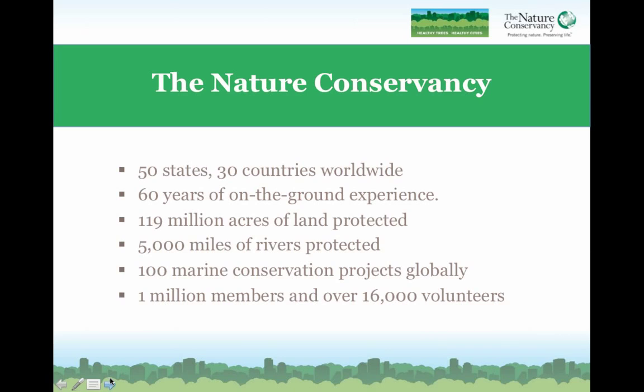And through our science-based management efforts, we've managed to protect over 119 million acres of land, 5,000 miles of rivers, and we currently have over 100 marine conservation projects globally. We have about 1 million members, and we have over 16,000 volunteers.